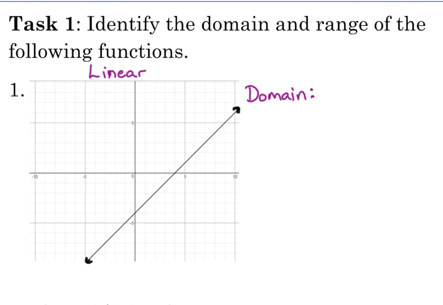We're just looking at a limited piece of the graph here, but it does continue beyond just what we're looking at. So as I move left to right, I don't see any gaps. I don't see anything missing. If I were to zoom out a little bit, this part would continue over here further to the left. So that means that our domain here is all real numbers.